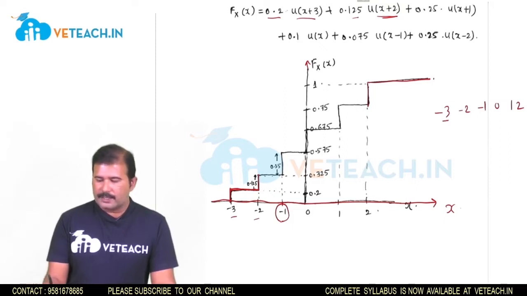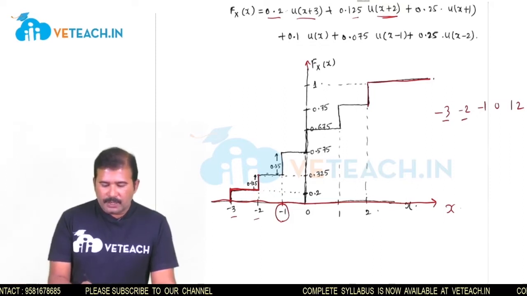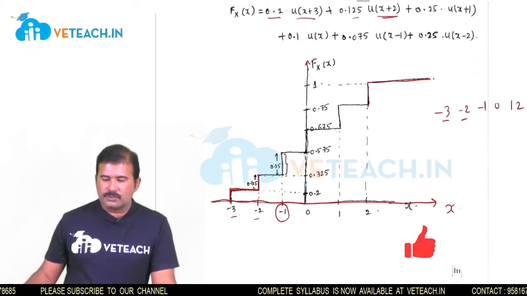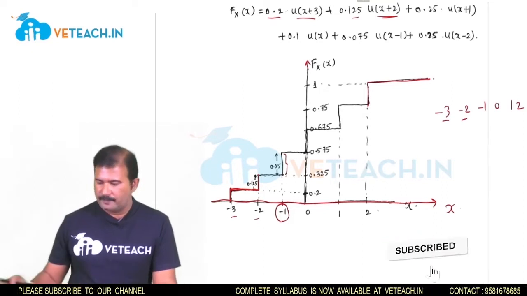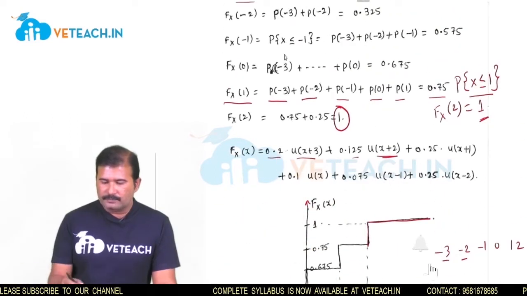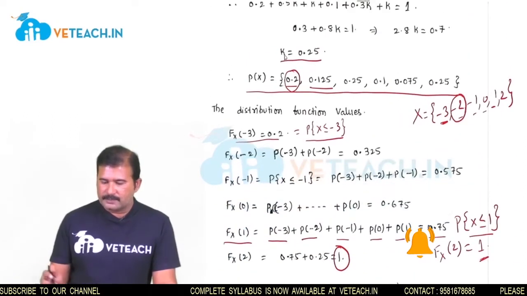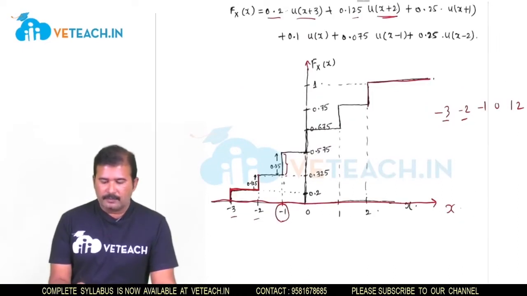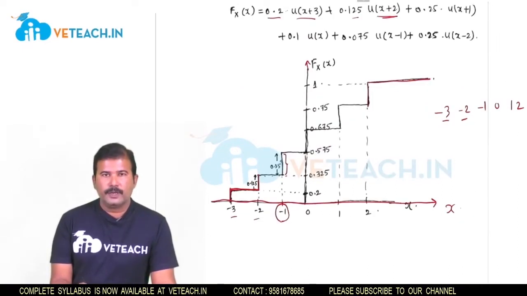The magnitude of the step at minus 3, or at minus 1, is equal to the probability of that particular element. That is, at minus 1, the probability of minus 1 is 0.25. So the step value at minus 1 is equal to 0.25.